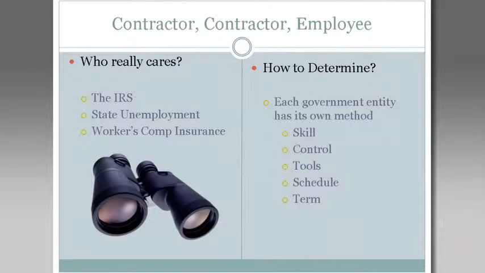The state, particularly the state unemployment office, really cares. The State Department of Revenue, which is smaller and has an easier beat on you because you've signed up your company, really cares. And particularly if you're not big enough to have your own workers' comp insurance, if you have workers' comp insurance through an individual insurer, you will get thrown into the state pool, which is just a bunch of small businesses.